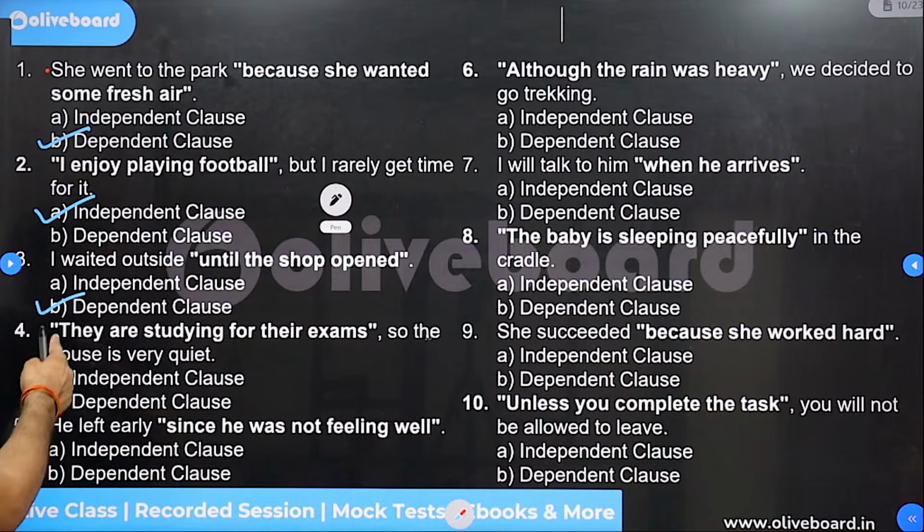Obviously, there is no conjunction applied to this. It is going to be dependent on what is independent. We have the conjunction here. They are studying for the exams. Complete. Complete itself. Independent.